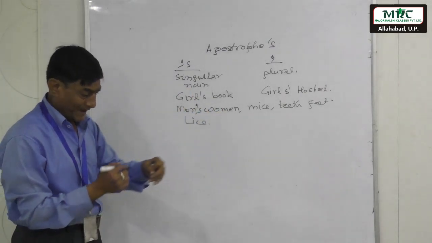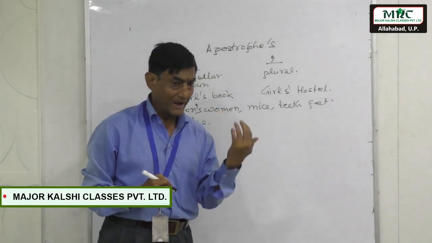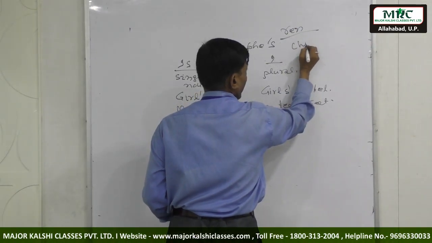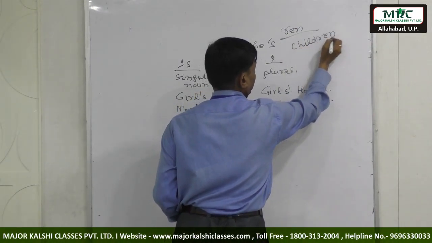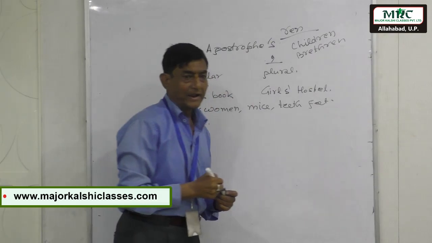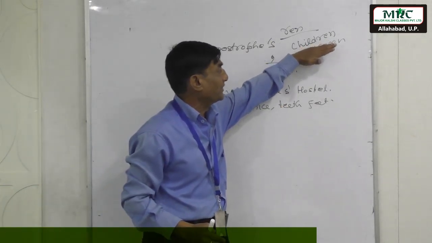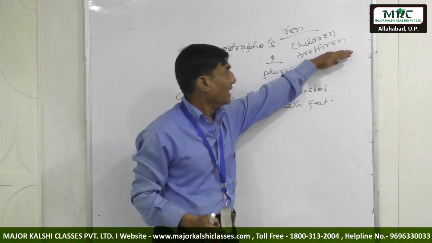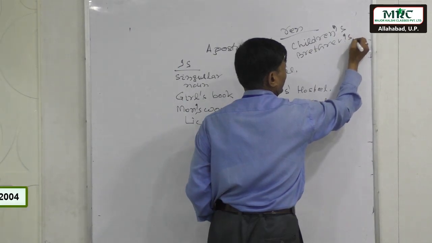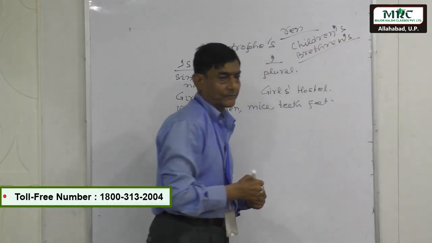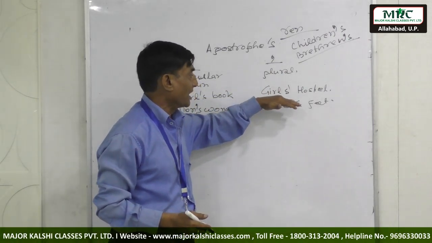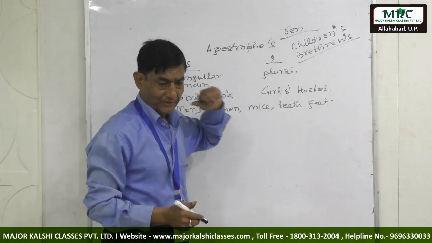There are two nouns that we make plural by adding ren, and these two nouns are children and brethren. Here again we can see that we have made this plural, but we have not used s, and in such cases we have to use apostrophe s with both. This rule is applied only in the case where we get the plural of the noun by adding s.